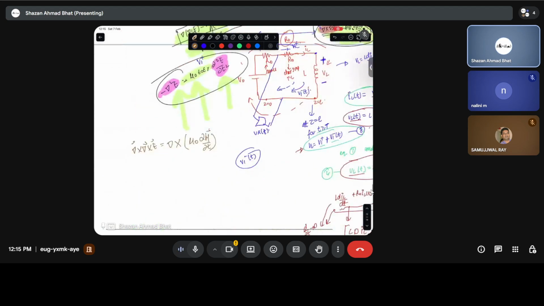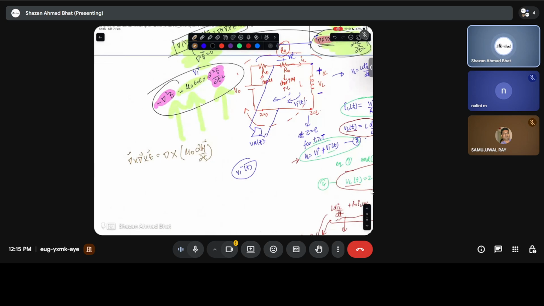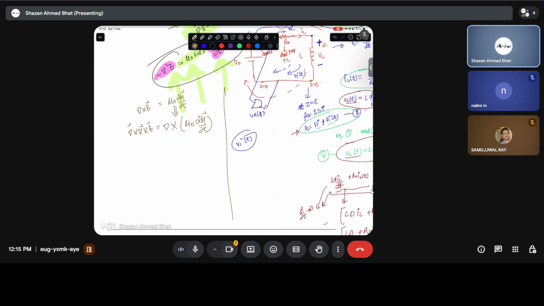So we applied the del operator, that means we applied curl on both sides of this equation. Del cross E is equivalent to mu naught dou H by dou t. So from this equation, we went to this equation. But the essential assumption here is that this mu naught is not varying in space. Only then can you take it out of the curl. Otherwise, it's not possible.